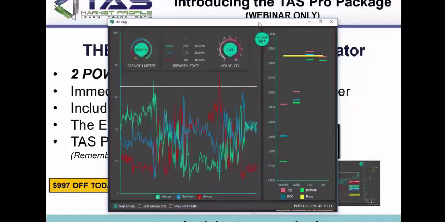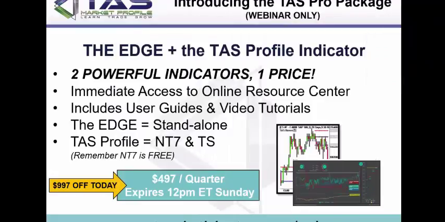The indicator itself has a tremendous amount of research put into it to be as it is right now. But the edge is something that, we didn't discover plutonium by mistake here.